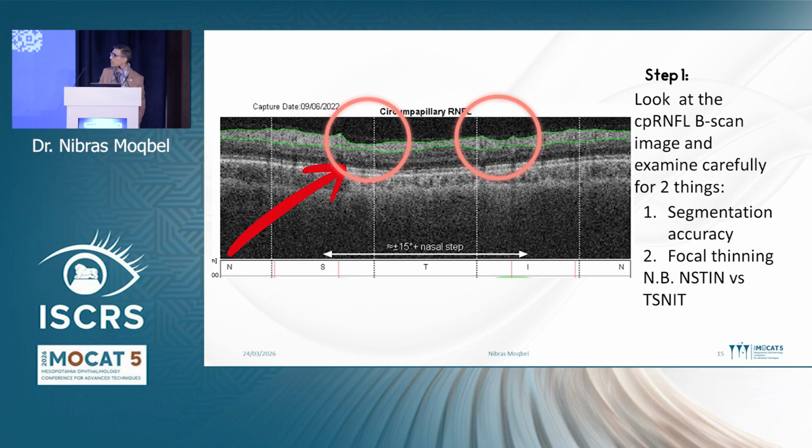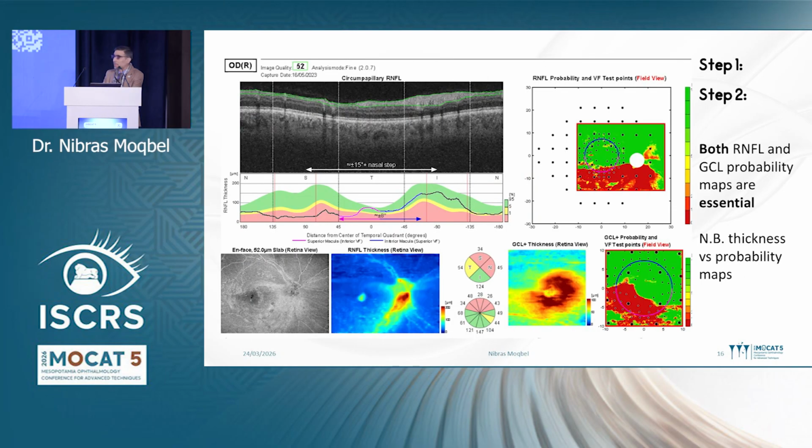While in this case, it's a well-segmented nerve fiber layer. We can see there are two focal narrowings at the macular vulnerability zones. We will not cover that area. So this area is highly suspicious for glaucomatous damage. So the first step is looking at the B-scan image.